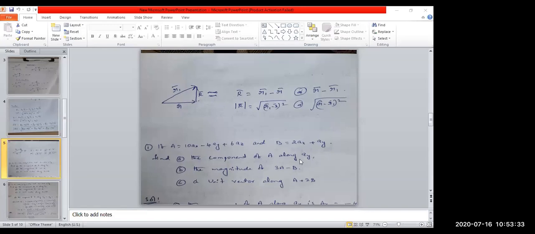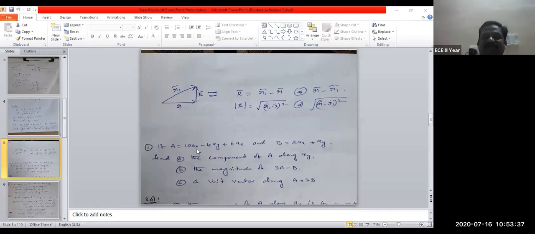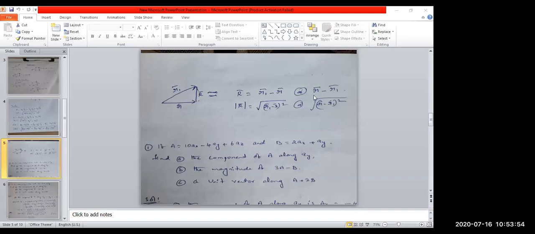Y. So if you see the A vector, A is 10ax, which means the component of A vector along X is how much? Component means magnitude. Component means 10. But here we asked about X or Y? Y. So the answer is minus 4.